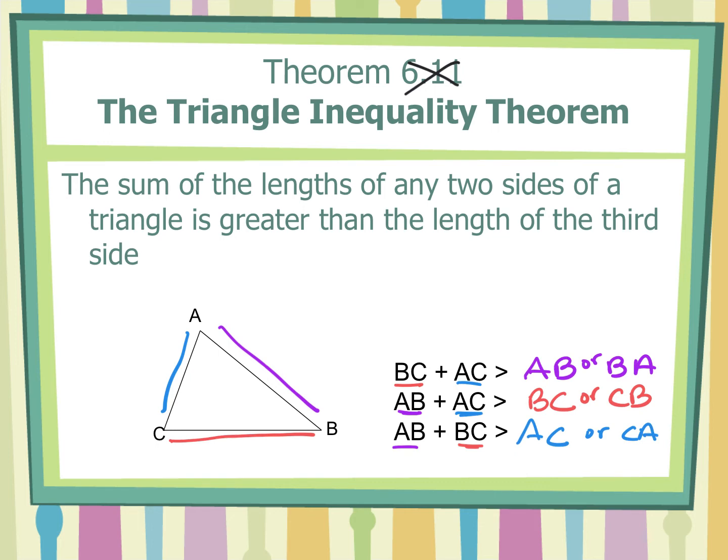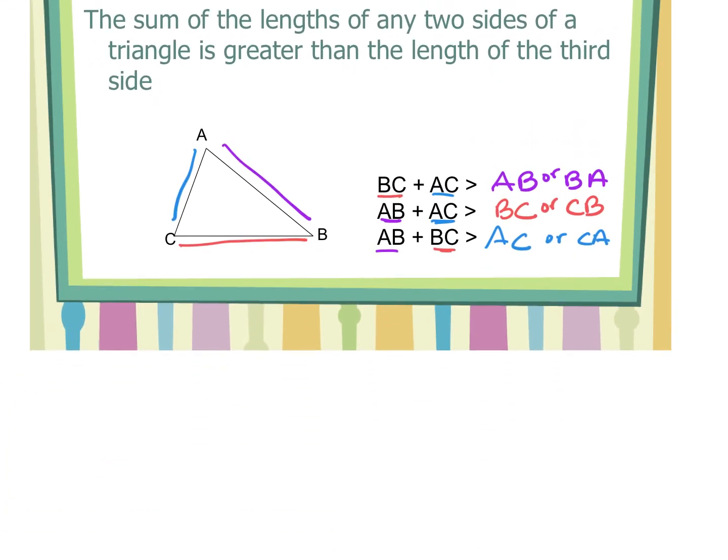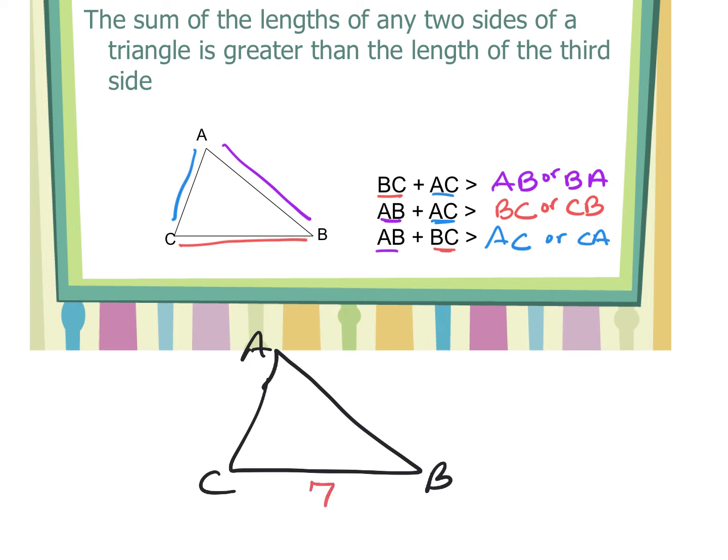So for example, let's say I gave you a picture of a triangle ACB, and let's say I added some numbers here, and let's say this is 7 and 6 and 3.